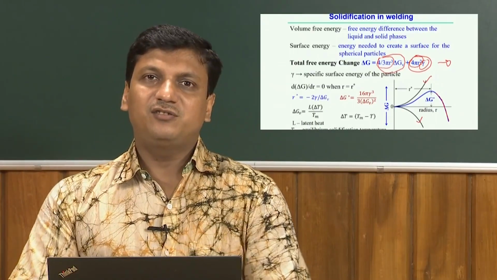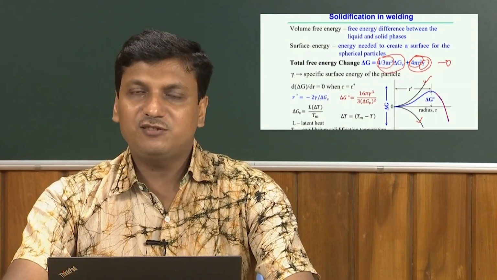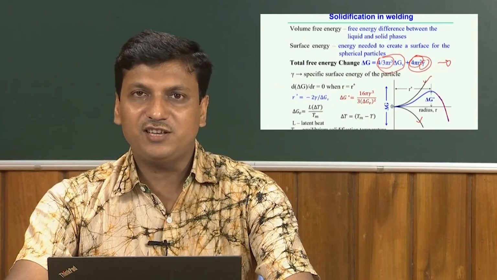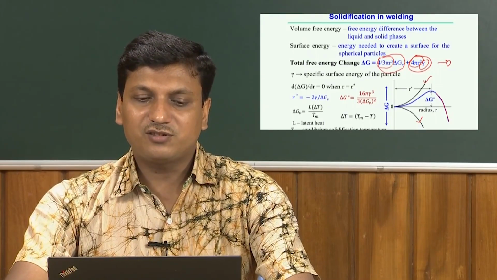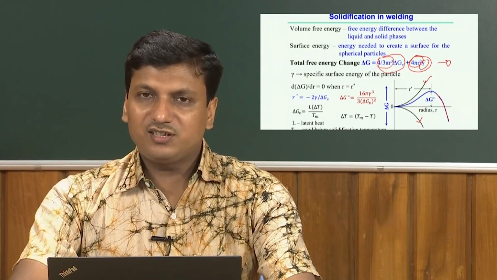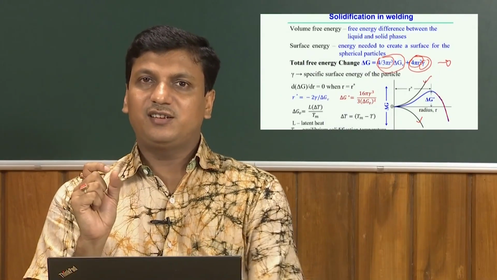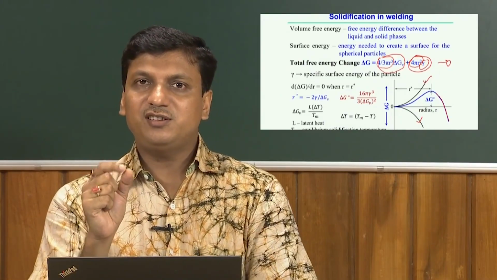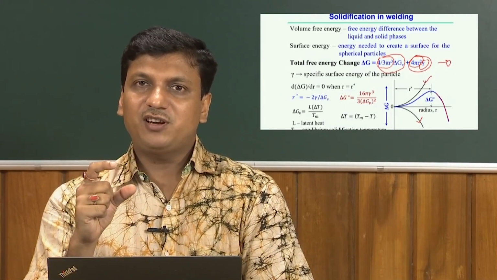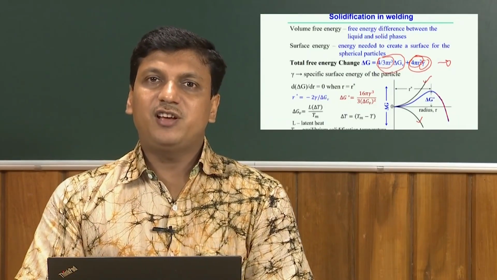From this typical nature of the total free energy change during nucleation, we find that this optimum point is the maximum amount of energy required to form a stable nucleus.